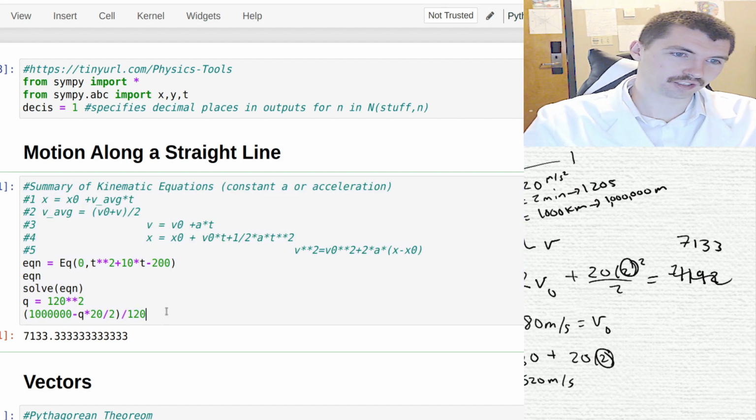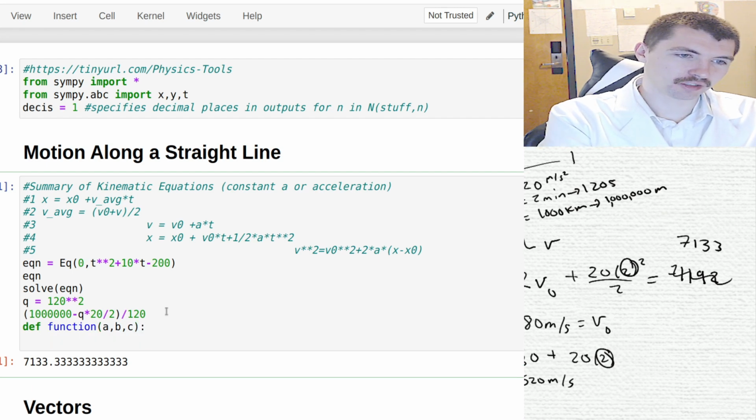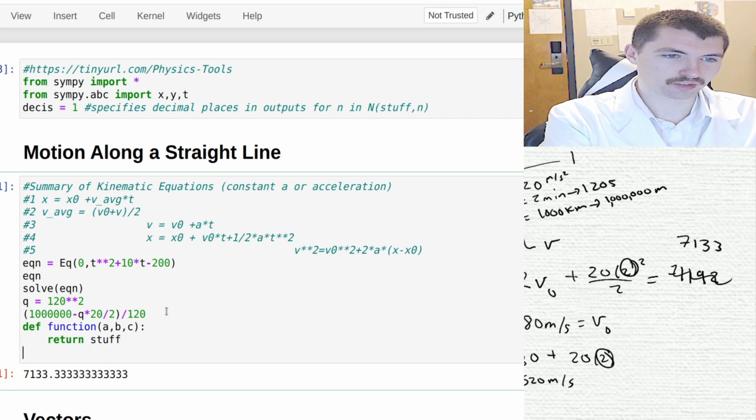I want a function, like if some function is a b c, I want to do return, I don't know, return stuff.